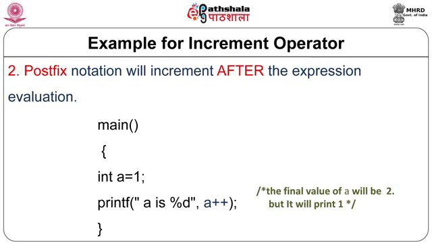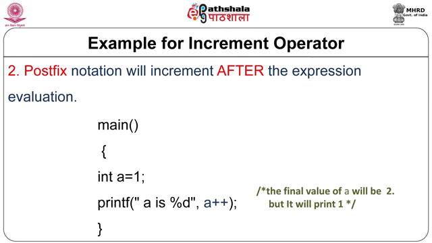Therefore, the final value of this program will be 2. Let us see postfix notation of the increment operator. Postfix means operator used after variable. In the previous case we used plus plus a. Here we are using a plus plus. Now the same program we have written here to distinguish postfix and prefix increment operator. In this program you can see a is an integer type variable, value is assigned as 1, and in the printf statement we are writing a plus plus.